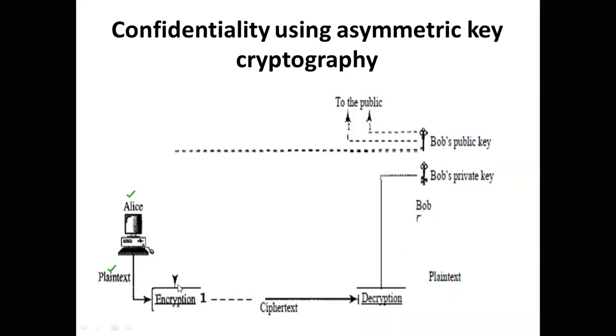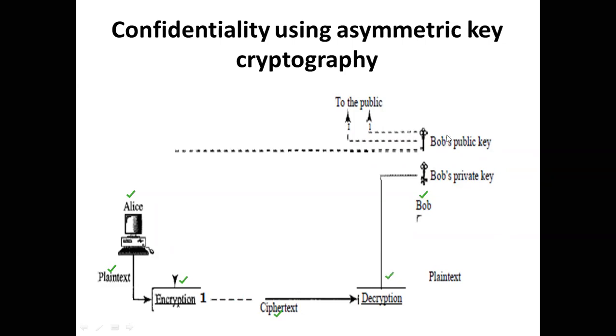Now this diagram is really not very clear. Some lines are missing here. To this, the public key is applied and the encryption algorithm is applied to obtain what we call ciphertext. Now this ciphertext, the encrypted data, goes to the receiver, Bob. Bob will apply the decryption algorithm.